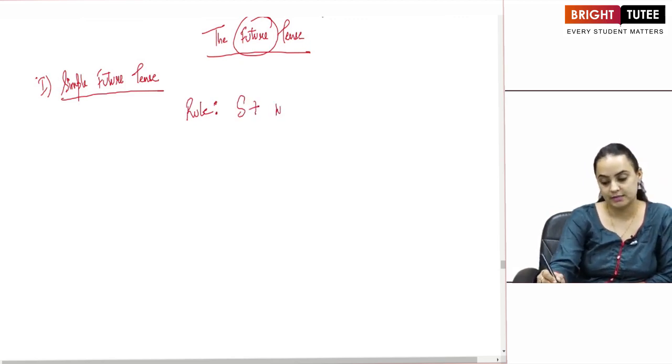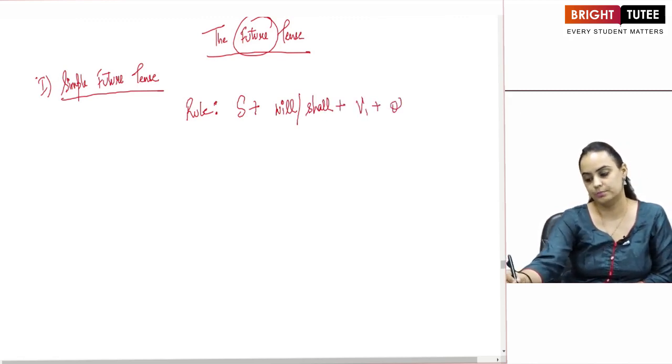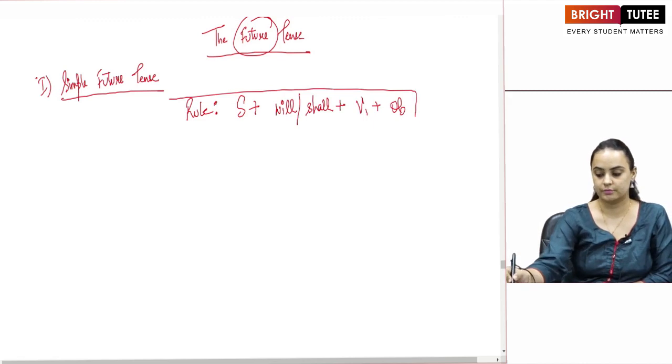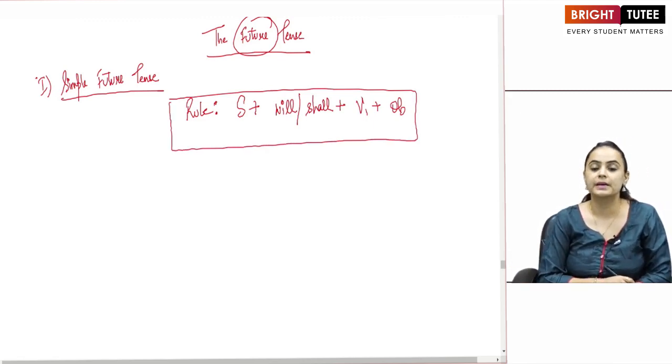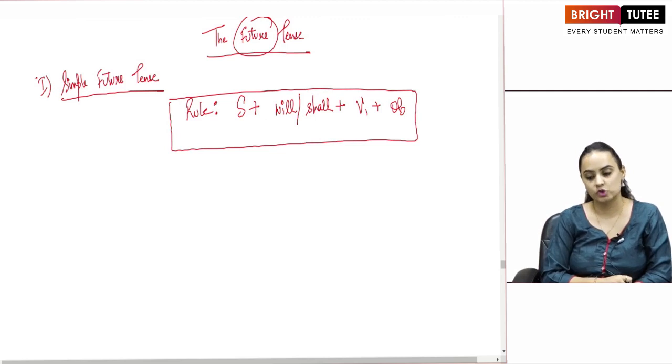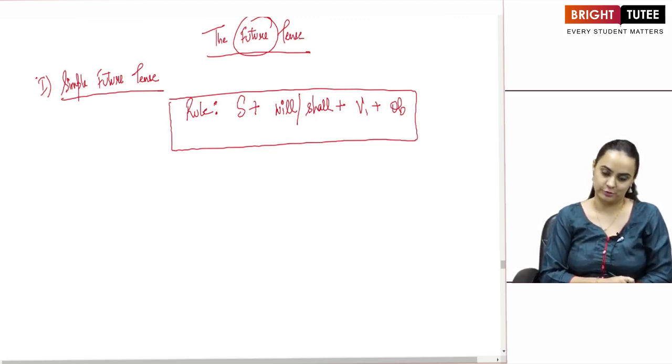Subject plus either will or shall plus the first form of the verb plus the object. Now, this is the basic rule for the simple future tense.